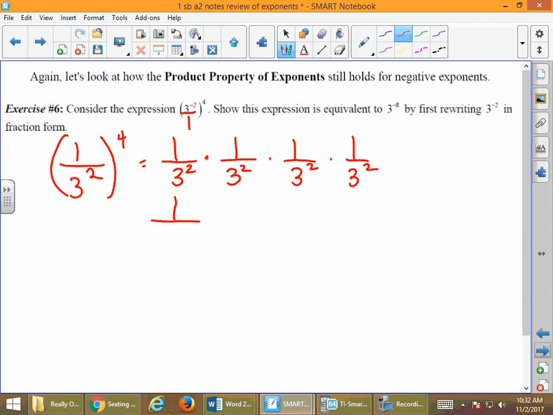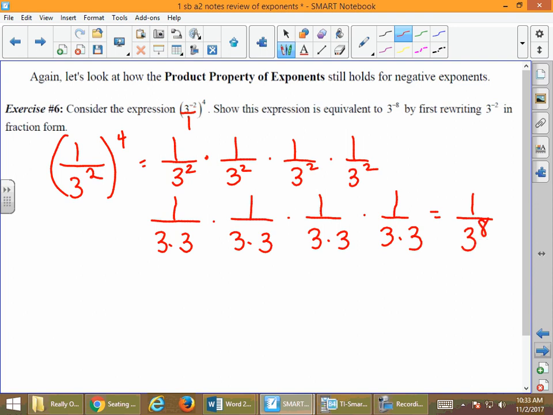But this is 1 over 3 times 3, and 1 over 3 times 3, and 1 over 3 times 3, and 1 over 3 times 3. Well, how many 3's did we end up with? As we count them, 1, 2, 3, 4, 5, 6, 7, 8, we get 8.